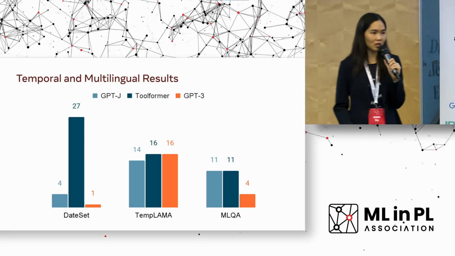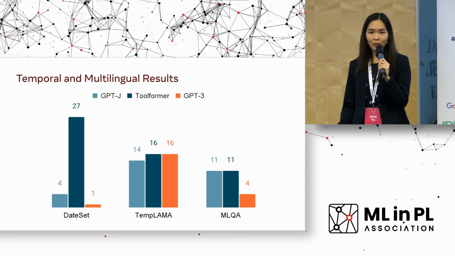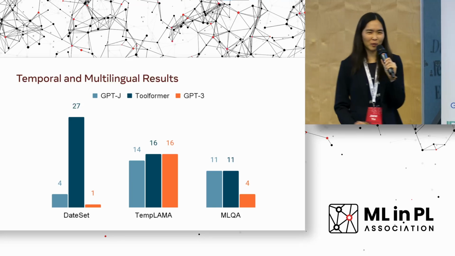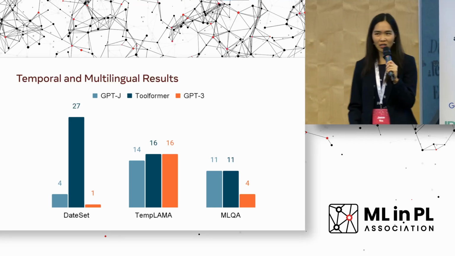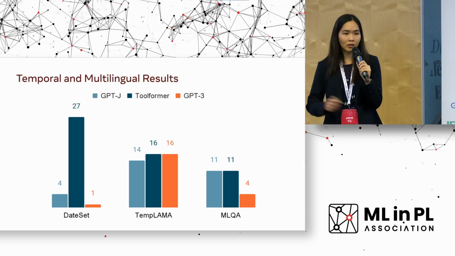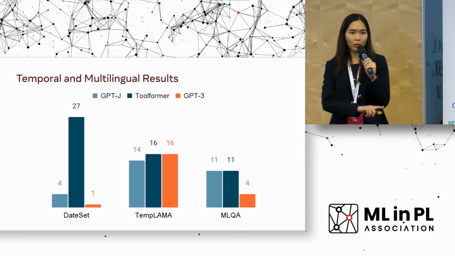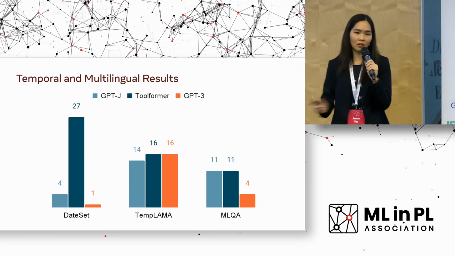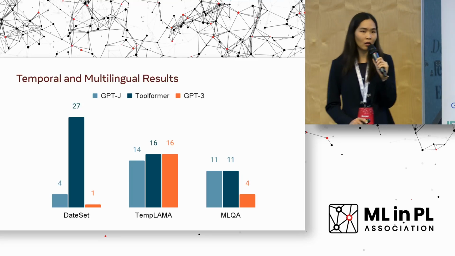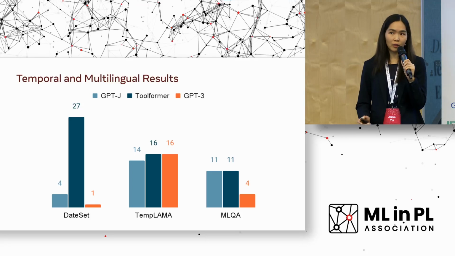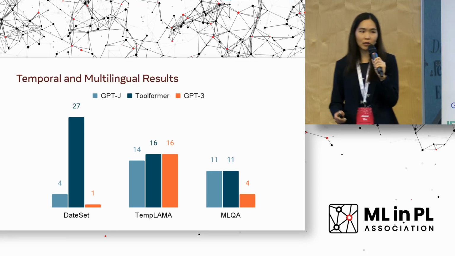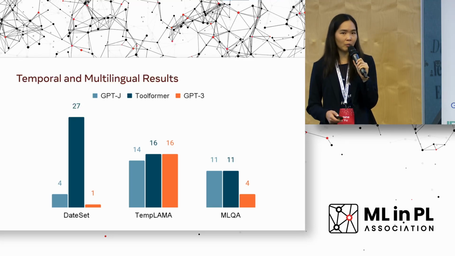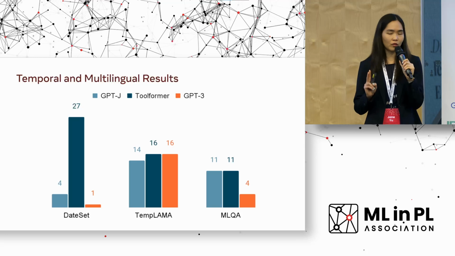and so it's able to improve upon this substantially. Now for TempLAMA, we have questions like, who is the quarterback of such and such team? Sometimes they're very specific questions, so this is a very challenging dataset to begin with, but it requires temporal knowledge because depending on what point in time you ask this question, the answer may change, just like the President of the United States, for example. And Toolformer and GPT-3 are pretty much on par with each other. They do slightly better than the base model, but we think that Toolformer is not getting a lot of benefit here because you actually need 2 tools for this dataset.